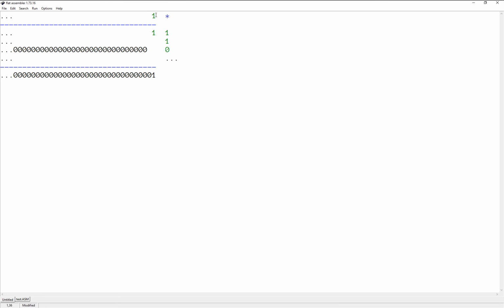So the lowest digit in both numbers needs to be 1. This also means that we can only divide by an odd number, because if the number was even, then we would not be able to get 1 here. But this is not a problem, because to divide by 2 we can simply shift 1 digit to the right. So if we want to divide by an even number, we can keep shifting until we get an odd number.